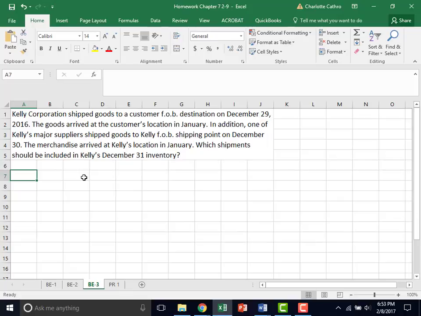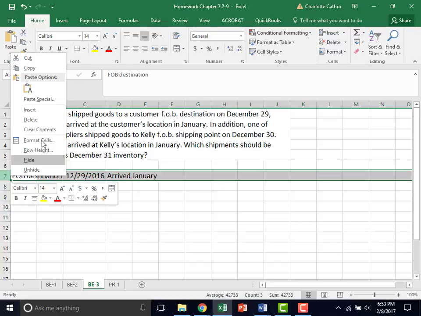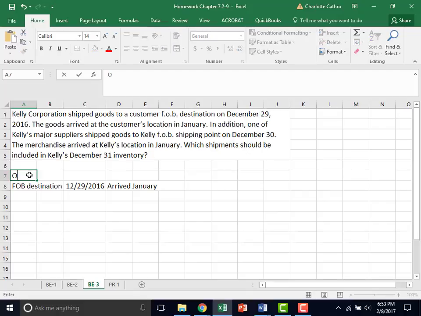Okay. Brief exercise 3 was about when you record inventory. So we have a couple of different transactions. All right, so we shipped some goods, FOB destination, on December 29th, 2016, and they arrived in January. We also shipped goods in. So this is outgoing, to a customer.